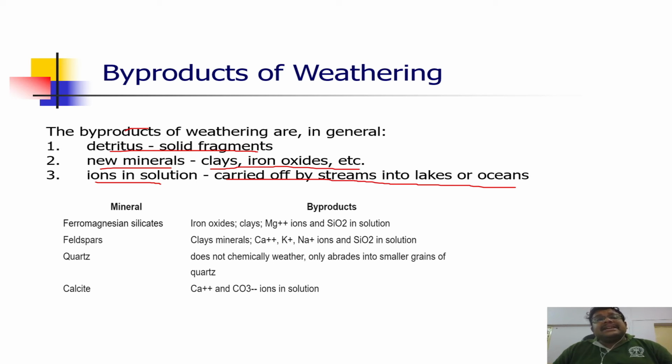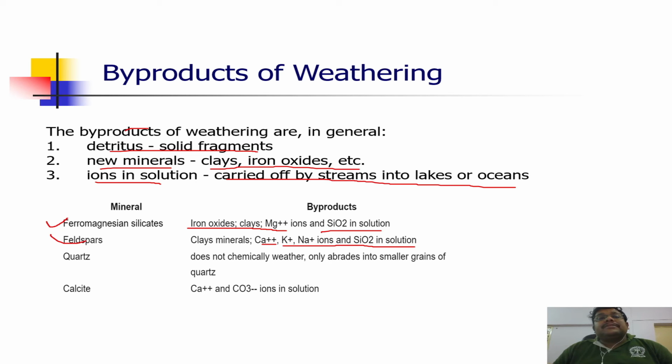So if you consider individual minerals and their byproducts, we'll see that in the case of ferromagnesian silicates, the major byproducts are iron oxides, clays, magnesium ions, and silica in solution. And feldspars, which is one of the most important primary minerals, the byproducts are clay minerals, calcium ions, potassium ions, sodium ions, and silica in solution.